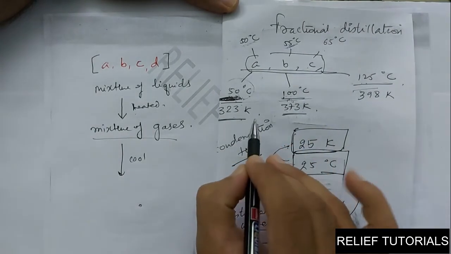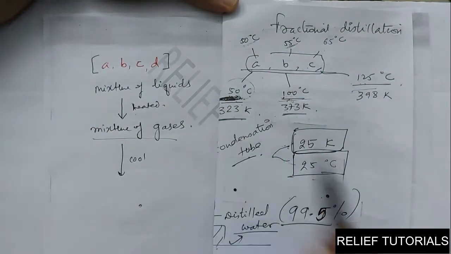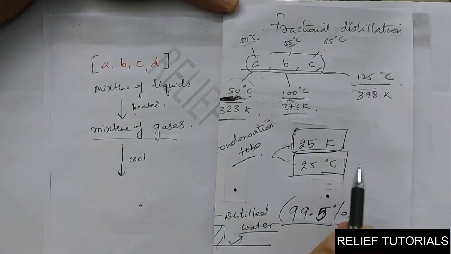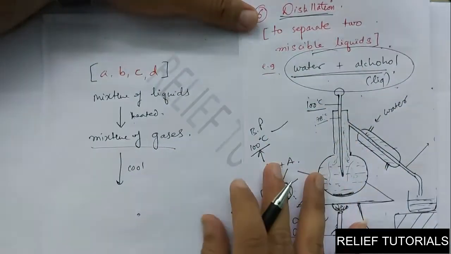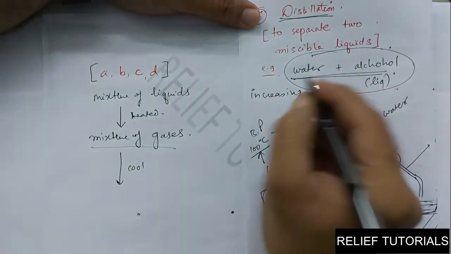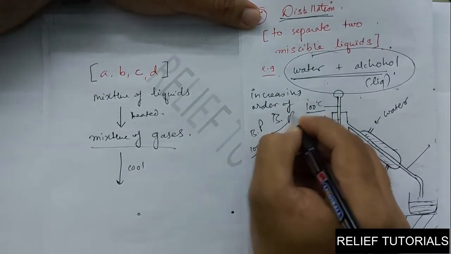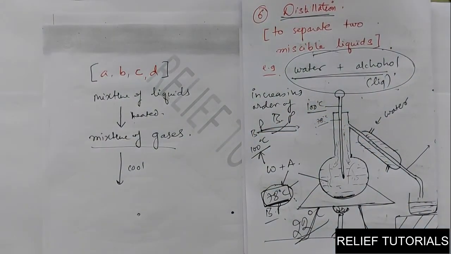Because in the simple distillation process, we are not converting the whole mixture into gaseous state first. So here we can say in the simple distillation process, components will be separated in the increasing order of boiling point.